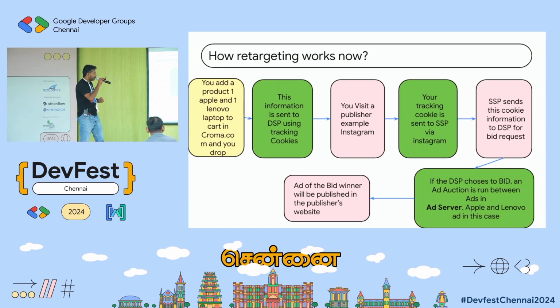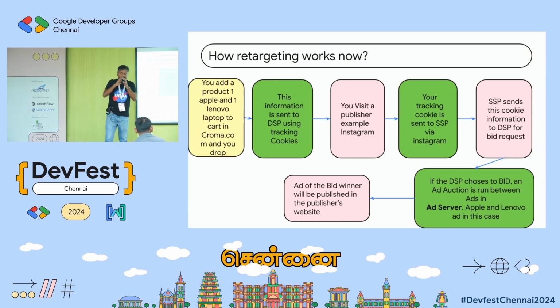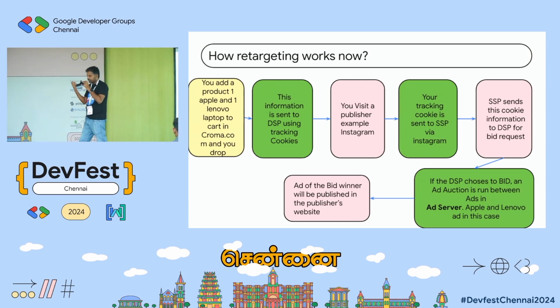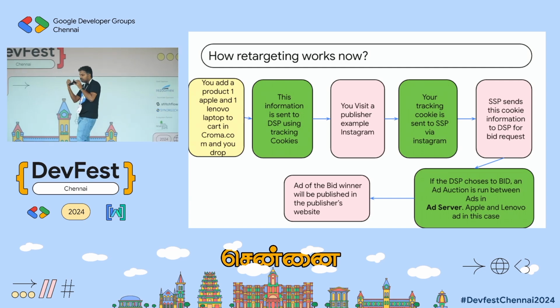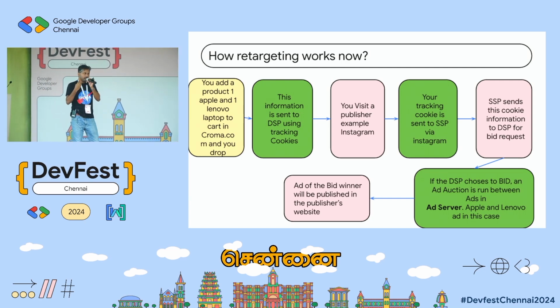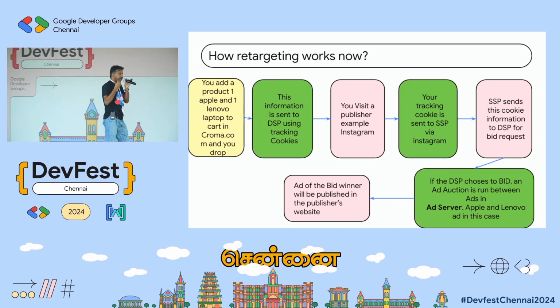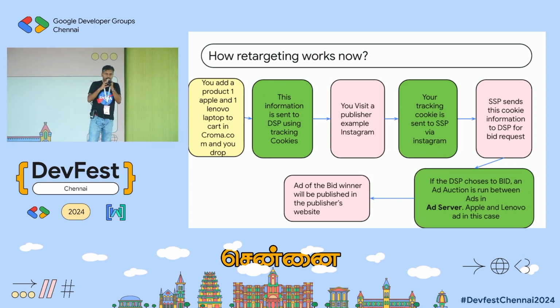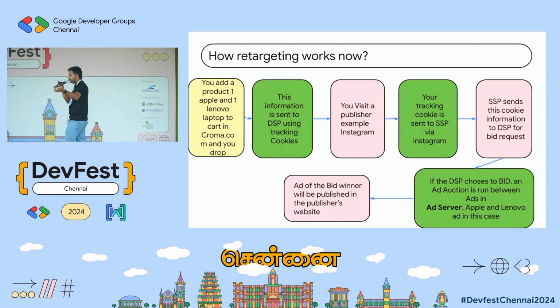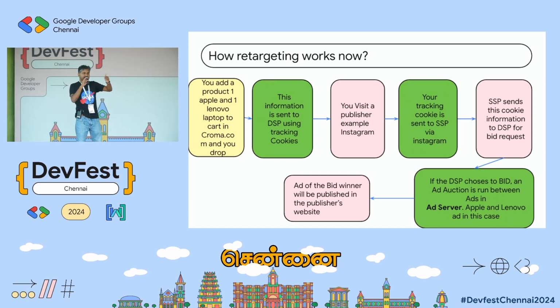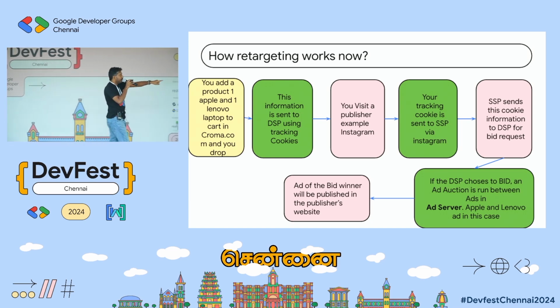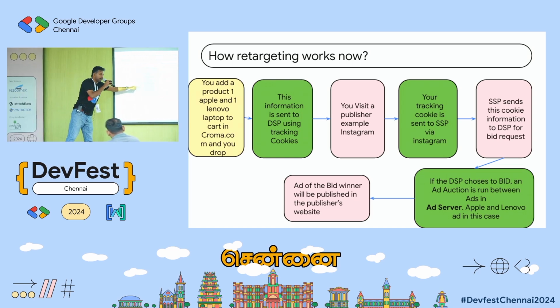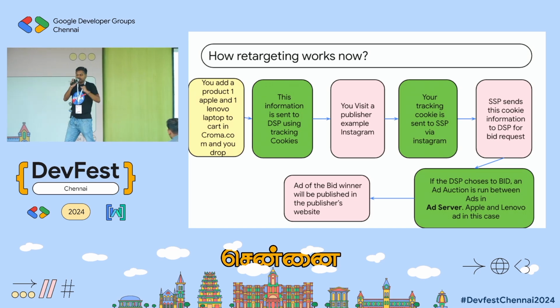The supply side platform now has your tracking ID, the tracker cookie, and invites bids: I have a person who has interests in Apple and Lenovo laptops, so who would want to bid for it? Apple and Lenovo's DSP already has your information, which was sent in step number 2.